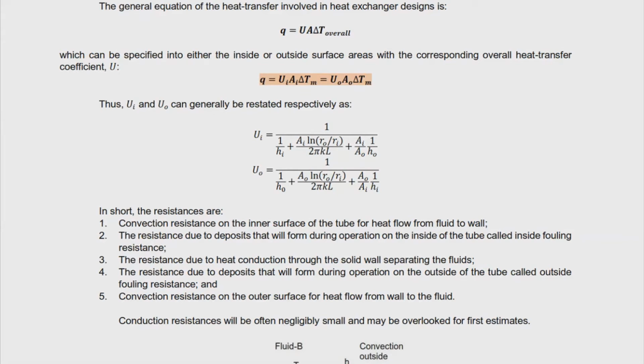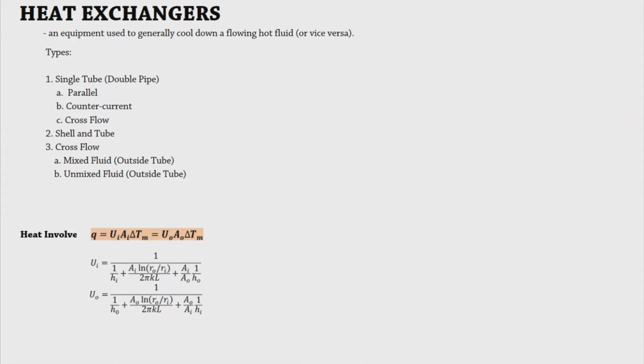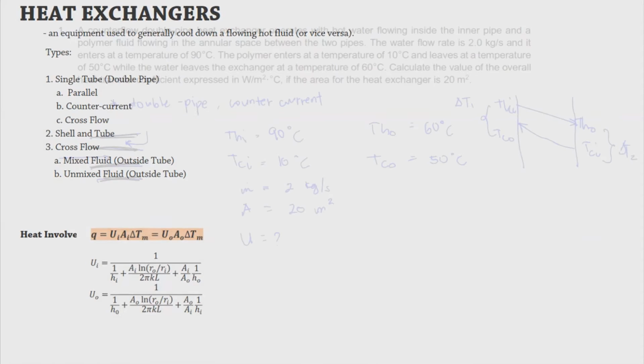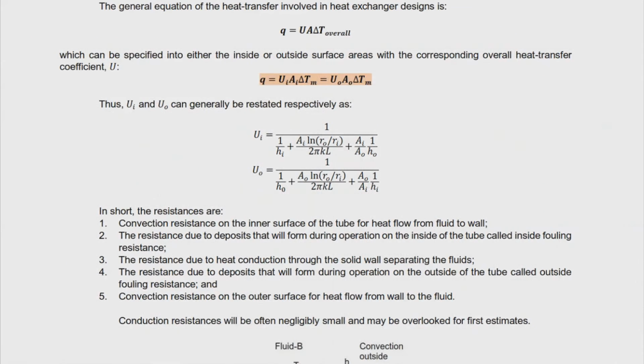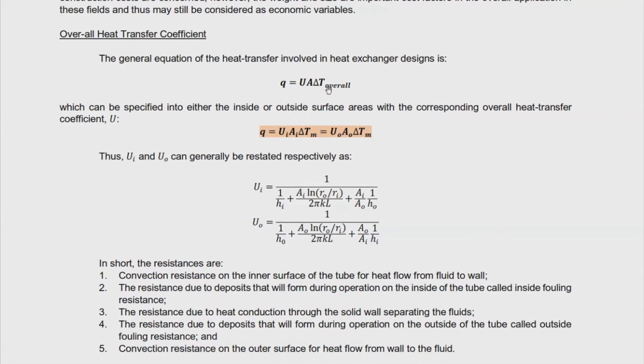But what if this problem doesn't tell you if it really is on the inside or the outside. So basically, just write U or A for that. Ibig sabihin nito, hindi natin na-specify kung ano siya, but in this case, meron naman tayong general formula here that is UA and the delta T overall. So basically, that's the general equation that we'll be using instead.